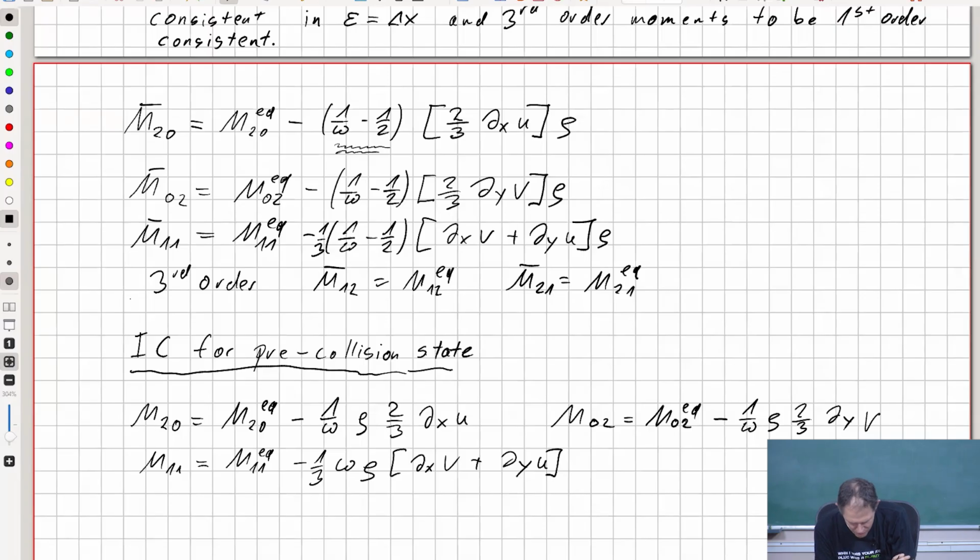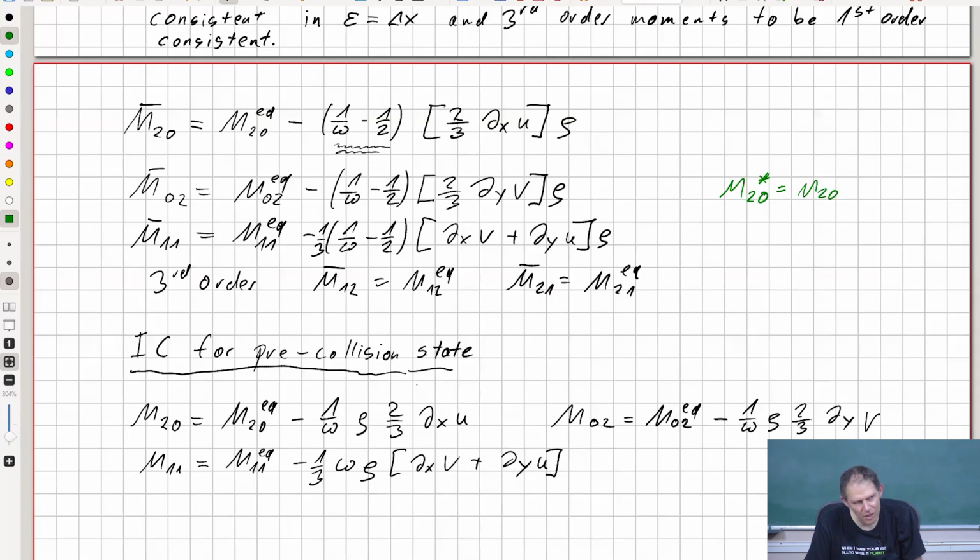M20, we need post collision, right? No. What I mean is post collision M20 should be equal to M20 equilibrium, right? So M20 post collision is equal to M20 itself.